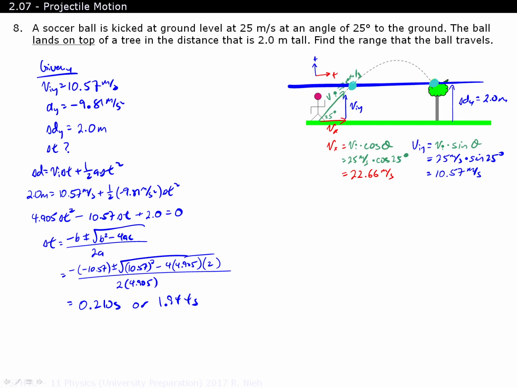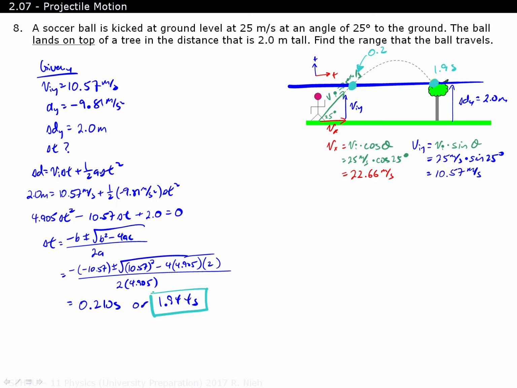So that's why there are these 2 roots. One root is at 0.2 seconds while it's rising, and the second root is at 1.9 seconds when it's finally falling. And since we are looking for when it lands on the tree, we know that we can't take the first value because that's while it's rising. We want it while it's falling, and that's why we're going to use 1.944 seconds as our delta t.